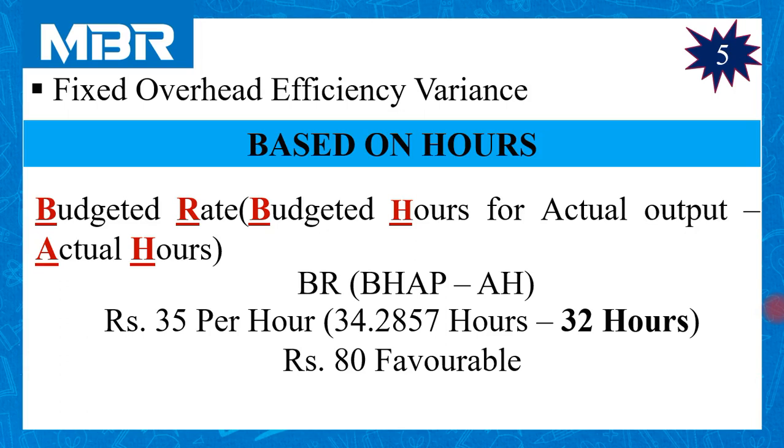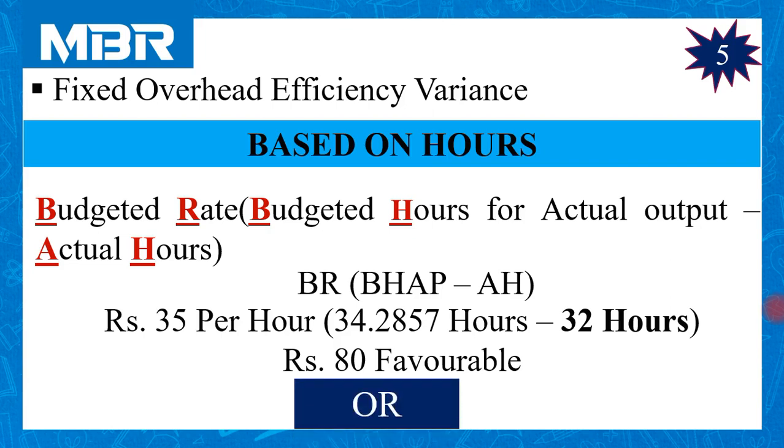So the result is rupees 80 favorable. Why? Because we have been given time of 34.2857 hours in order to complete the task. But we have completed the work in 32 hours only. So we have completed the work in fewer hours. We are more efficient. And if we are more efficient, the difference is referred to as favorable.